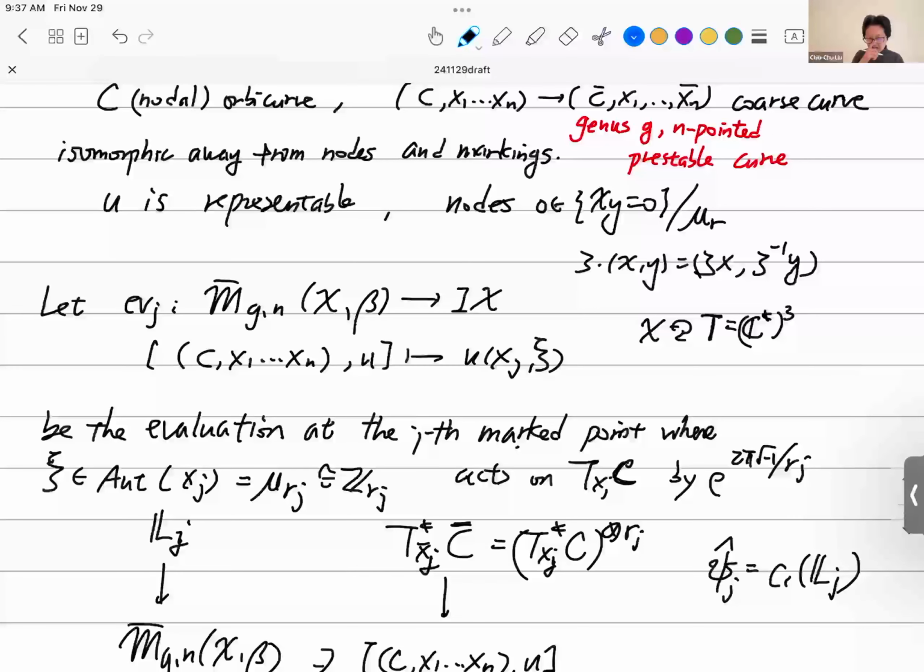So this toric Calabi-Yau 3 orbifold has the action of C star 3, just like the toric Calabi-Yau 3 manifold, and we also have a Calabi-Yau torus. And then this evaluation map is equivariant, actually T equivariant, and in particular T prime equivariant.